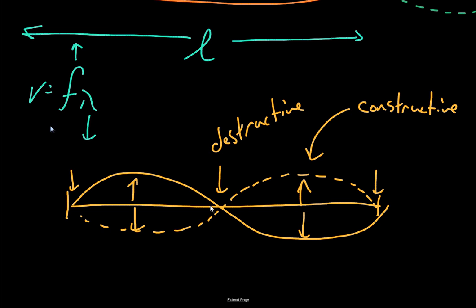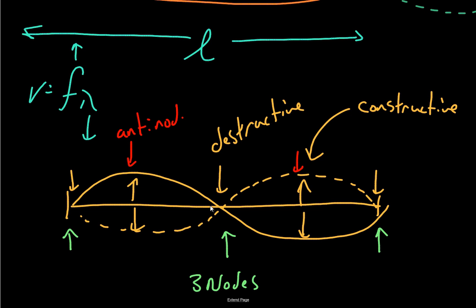Okay? And they also have another name where there is no movement. We call these things nodes. So this has 3 nodes, N-O-D-E-S. And where this is constructively interfering, we call these antinodes. Pretty inventive, hey? And there's 2 antinodes here, okay?